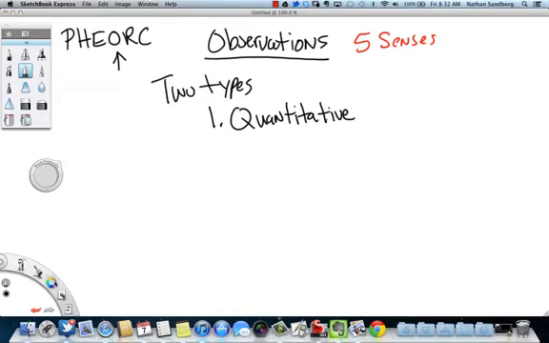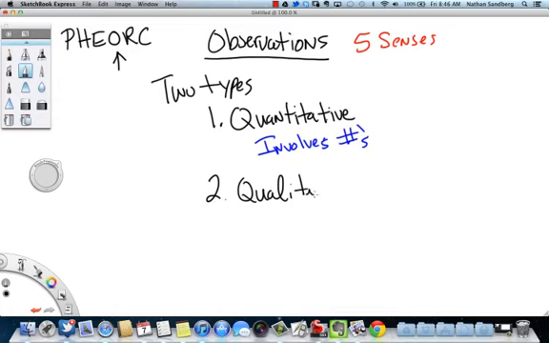This one here involves numbers. So the first one involves numbers, and the second one is called qualitative. Qualitative involves qualities.